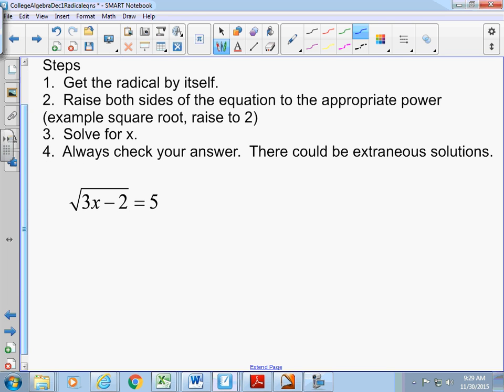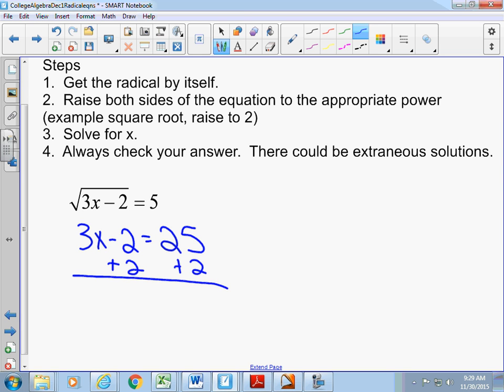Another example, this one's almost too similar to the Bell-Ringer, but we'll go ahead and work it. Square both sides. Add the 2. Divide by 3. So we get x is 9.